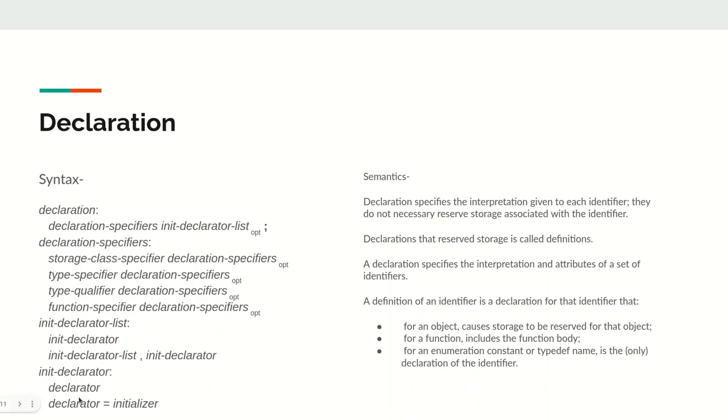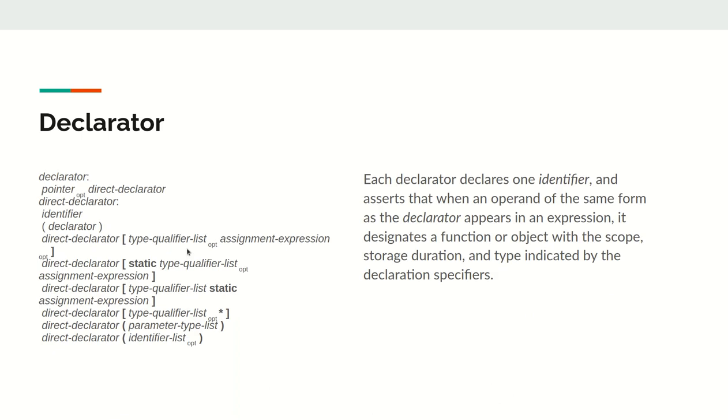We'll see the declarator because it is required for the function definition as well. So as a part of the declaration, we'll see the declarator. Then we'll move on to all the declaration specifiers, storage class specifier, type specifier. Then we'll see a practical example by editing our source code. Now we'll see declarator.